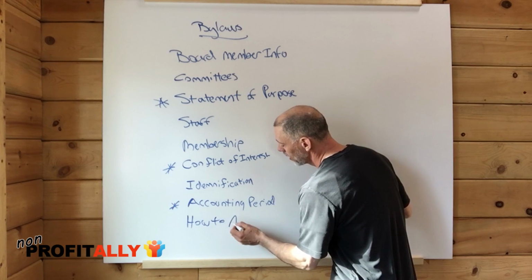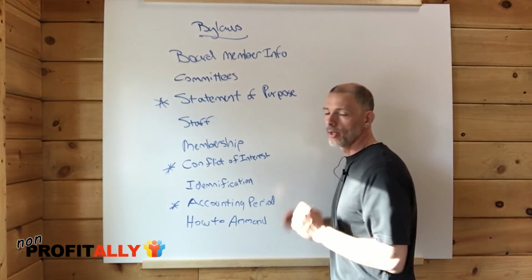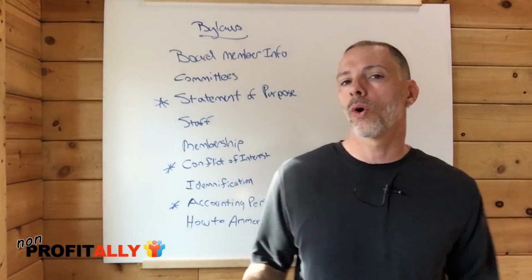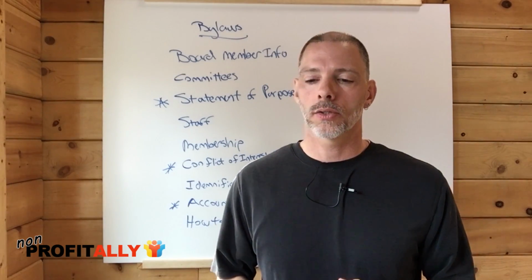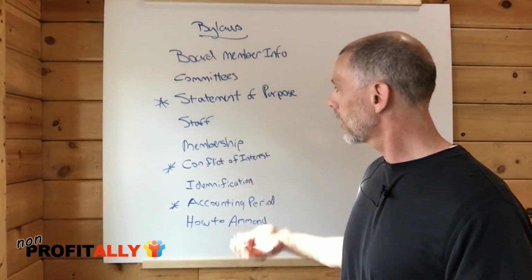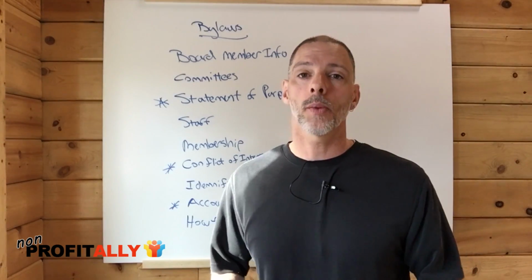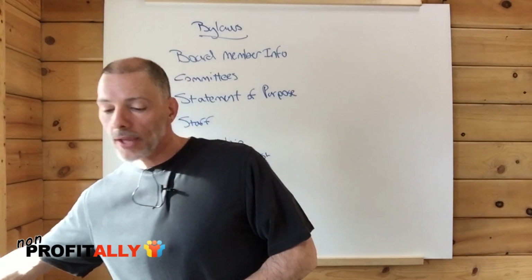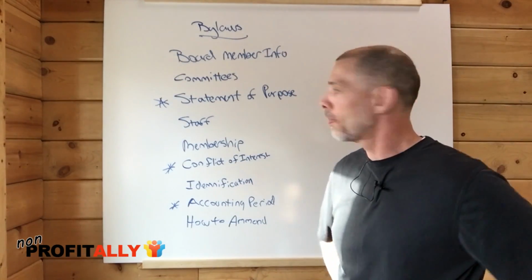So if many, many years from now something in the bylaws needs to get changed, you decide that you change your quorum numbers, you want to add a membership, you want to change the terms of office or whatever, there is some way to go in and amend your bylaws. Maybe you need to fix something. So there's some way to go in and do that. So that's a basic outline of what you want to include in your bylaws.